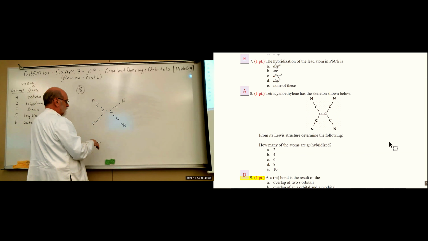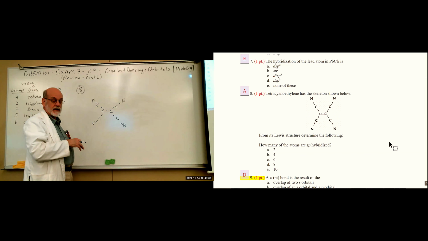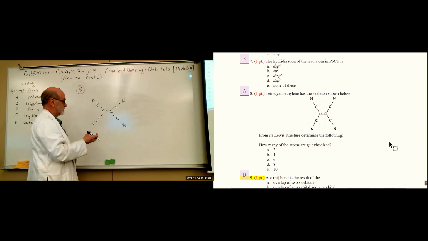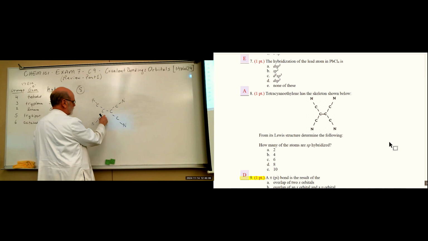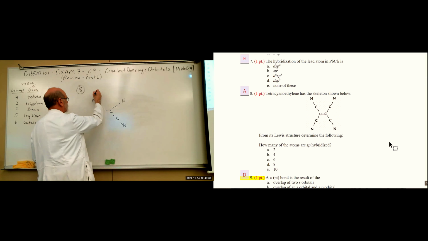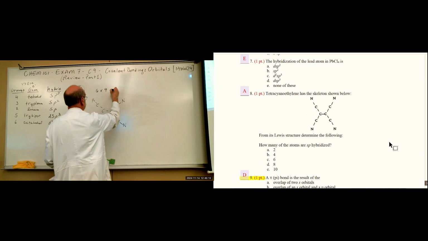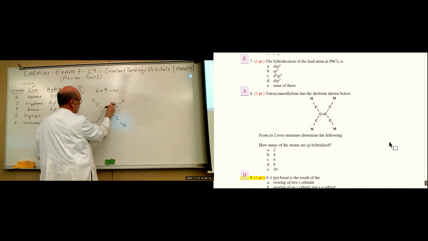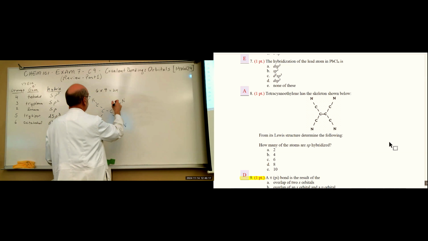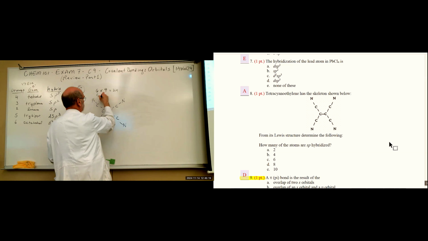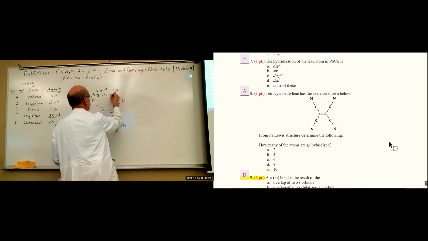So what we would do is add up all the electrons and complete the Lewis structure for this. We have 1, 2, 3, 4, 5, 6 carbons. So that's 6 times 4 equals 24. And nitrogens, 1, 2, 3, 4 times 5. Oops. 4 times 5 is 20, right?